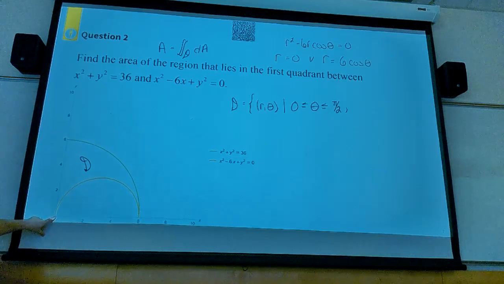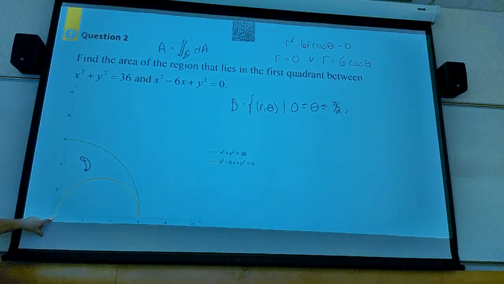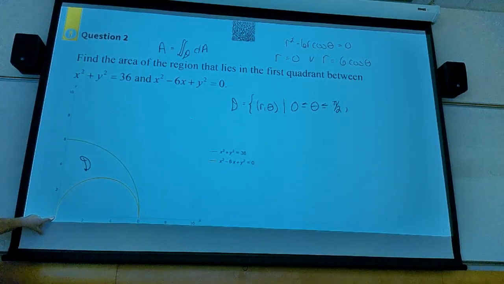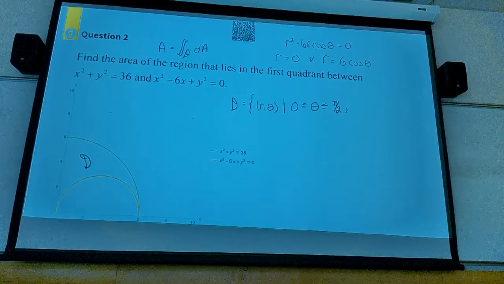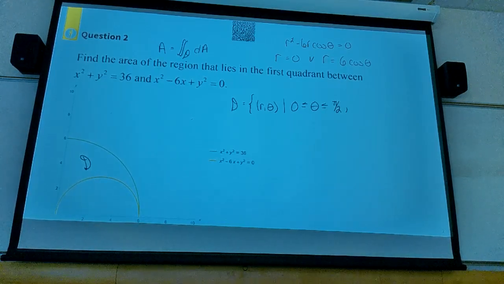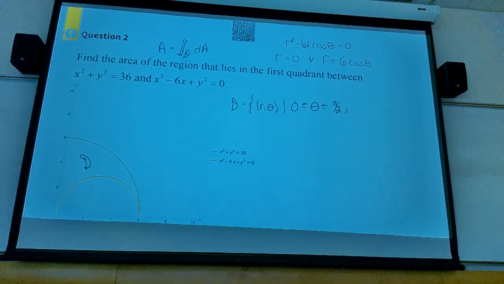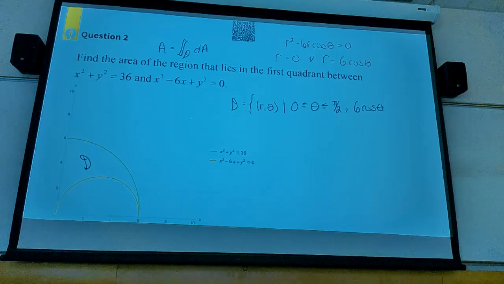So r goes from 6 cosine theta, which is the yellow circle, to 6, the green quarter circle.